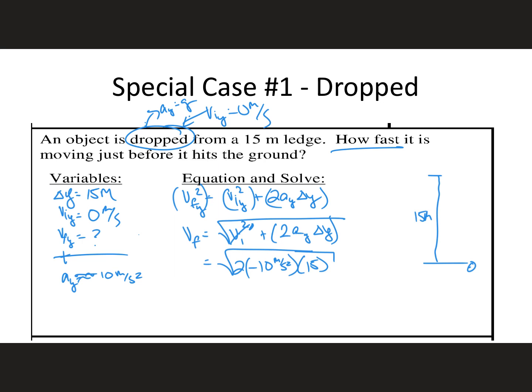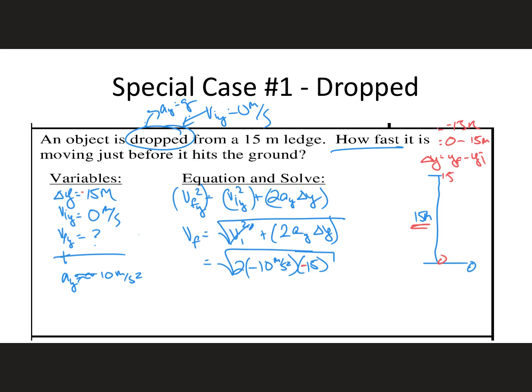So here's what it is. The height is 15 meters, but our displacement is negative 15, because our displacement is y final minus y initial. If 0 is our final and 15 meters is our initial, then we get negative 15 meters. That's why that should be a negative.